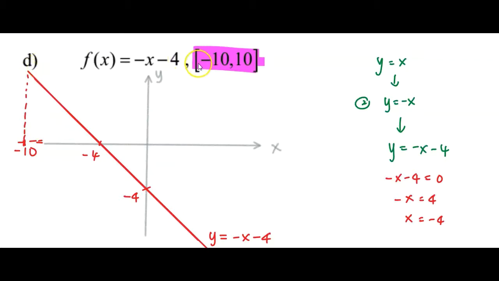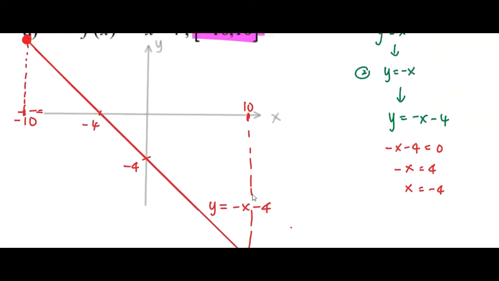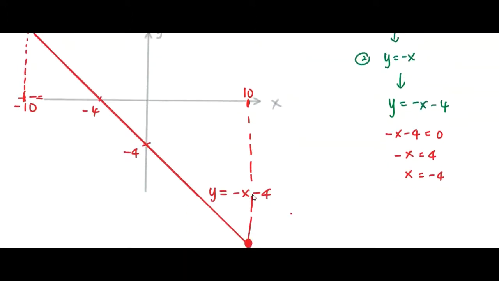From -10, I use my scissors, I will say that my dance circle will be my scissors, and cut the graph at -10, and then until 10. So as if this is your 10, x equals 10, and use the dance circle to cut your graph. We just want from -10 to 10, right? So this is our graph.